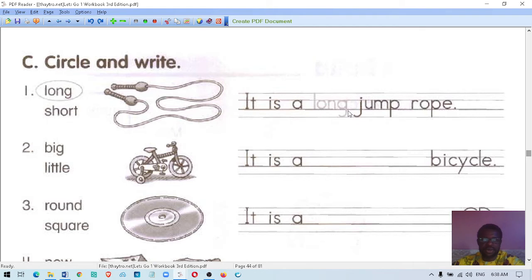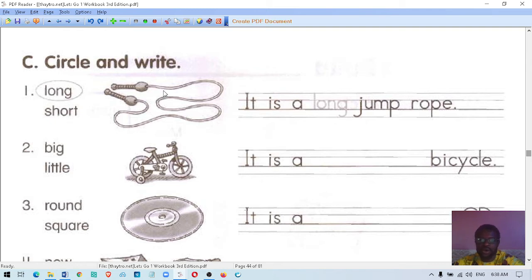So here we are, although we've done this before, the reason why I'm bringing you back here is to explain a few things. Like here you've got, it is a. See, we use "it" to talk about something when it is one thing, not like a girl, we say she, or a boy, we say he.